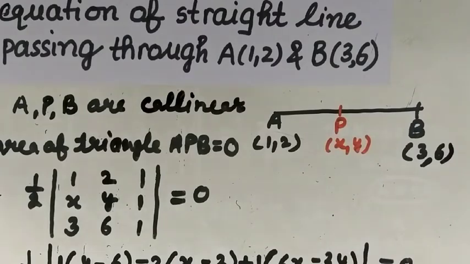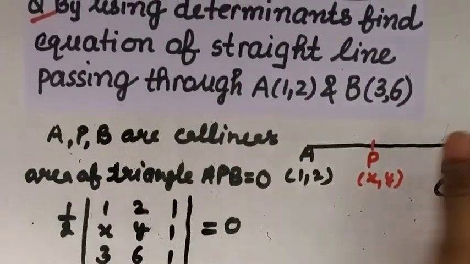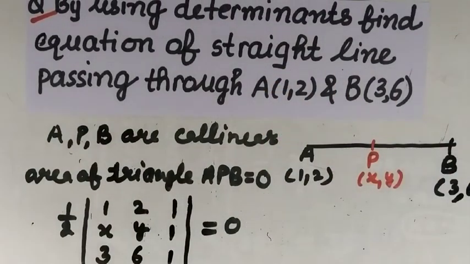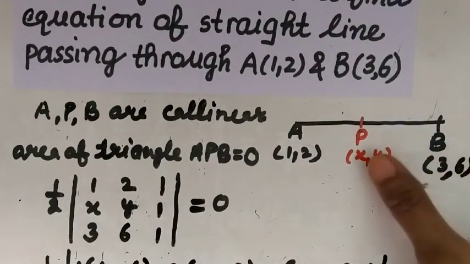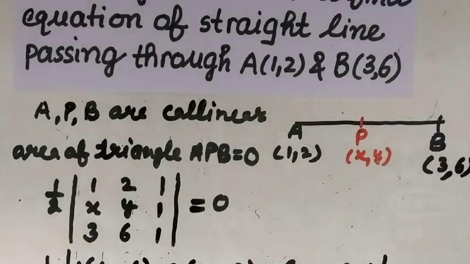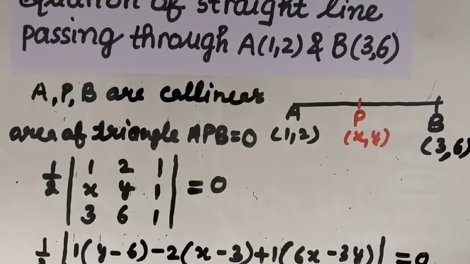So students, what to do in order to find the equation of a straight line passing through A and B by using the concept of determinants? First of all, we will assume a general point P(x, y) on line AB. After assuming, we can see all these 3 points A, P, B are collinear.